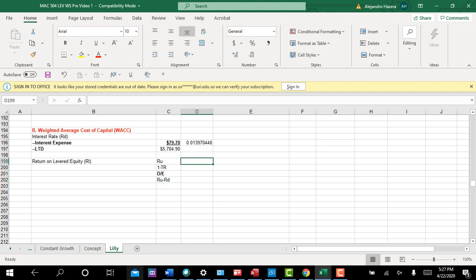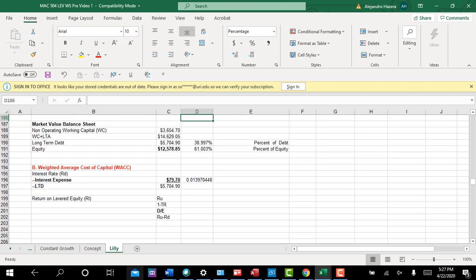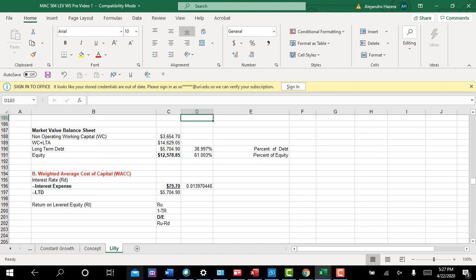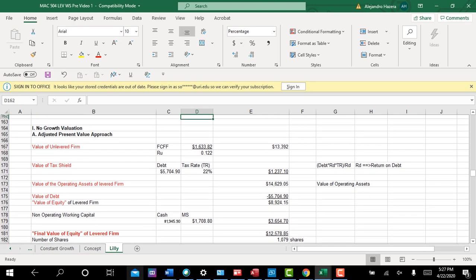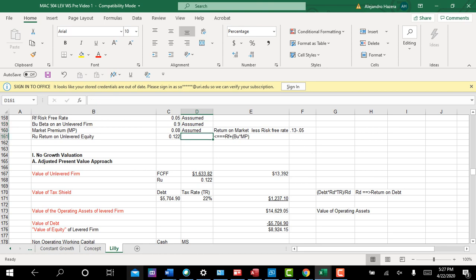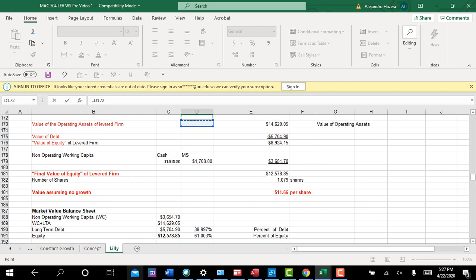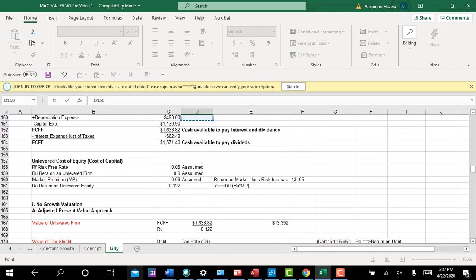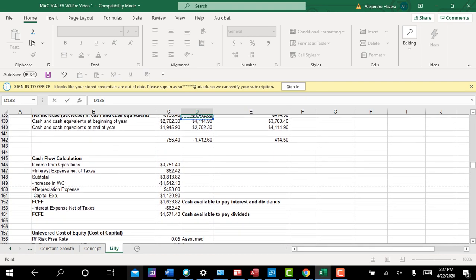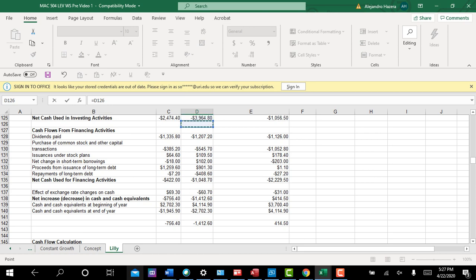So let's start with the return on unlevered equity, RU, right here. RU is the return on unlevered equity.